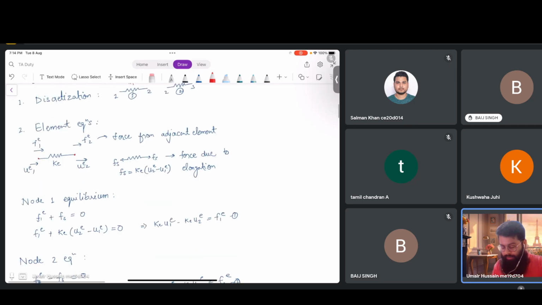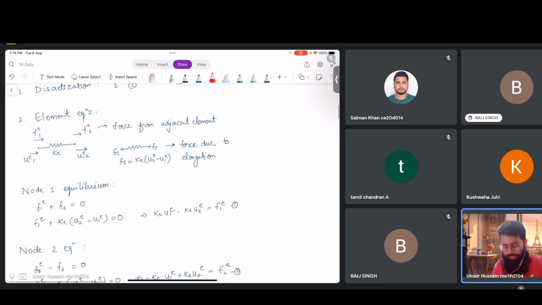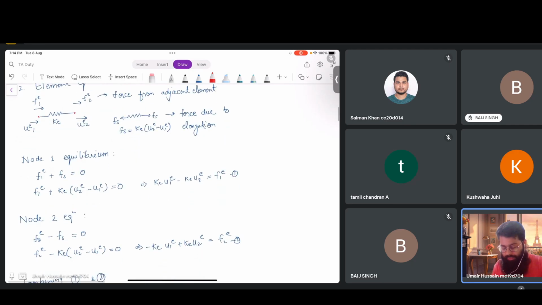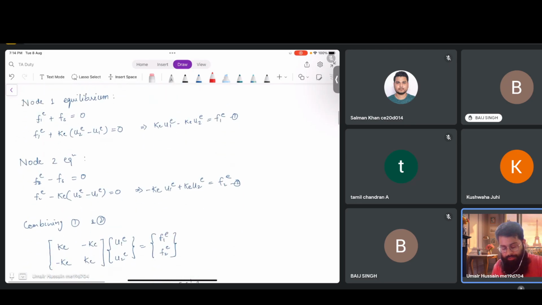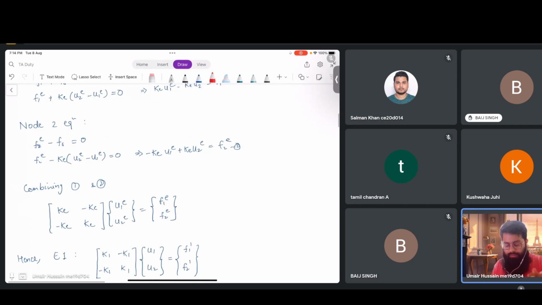If we sum up these forces, we satisfy equilibrium. We sum up the forces and we get one equation at each node. So if we combine these two equations, we get two equations in terms of each nodal displacement.